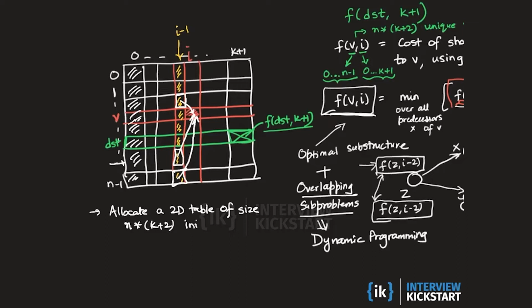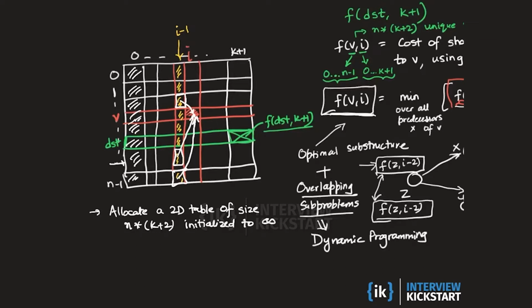Let's initialize the table entries by default to infinity. Right, as soon as we find that there is a cheaper way to get to a particular vertex using a certain number of hops, we can always bring down the value from infinity down to whatever value we find. So by default everything will be initialized to infinity.